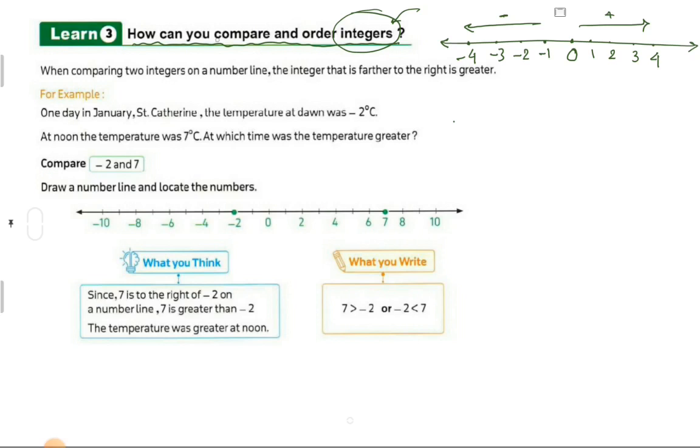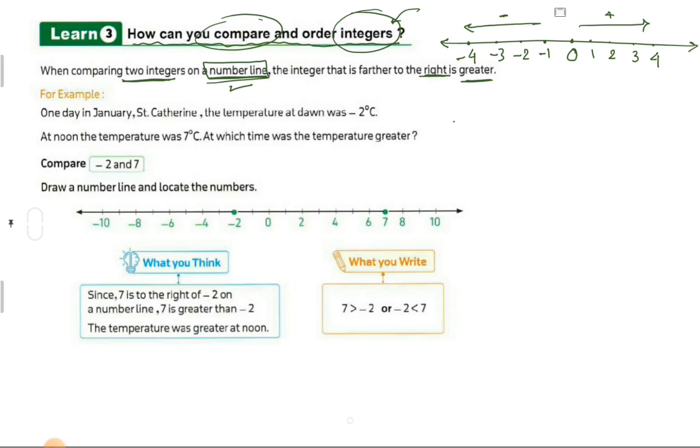Now, how do we compare any two integers? When you compare two integers, we will compare using the number line. The right number is greater. Any number on the right side is greater than the one on the left side.